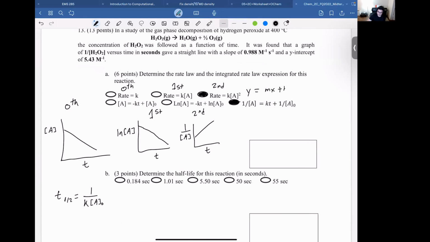So if I rearrange it to be exactly mx plus b, y is equal to k times t plus 1 over A naught. K is your m, because t is your independent variable. So k is your slope, and 1 over A naught is your intercept.